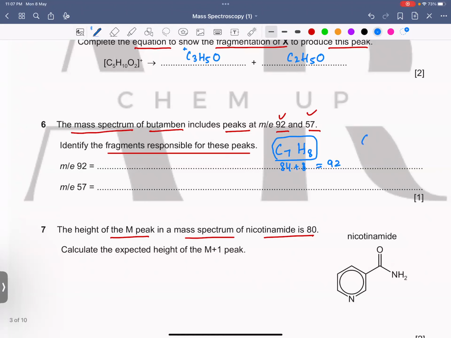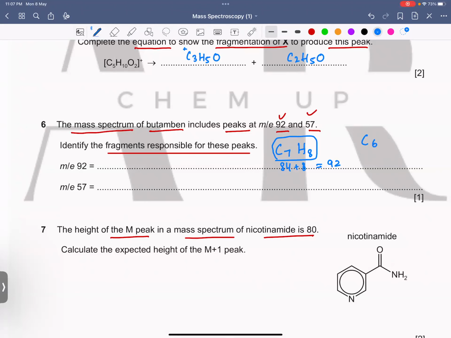Or for example, if we make it C6, then the mass of the carbons would be 72. And then hydrogens would be 12 or 10, or 20.